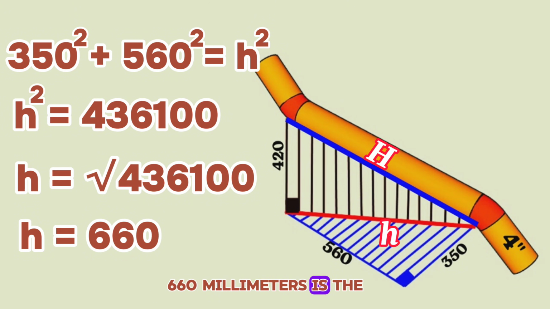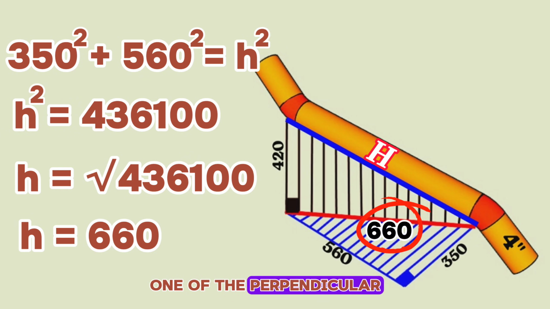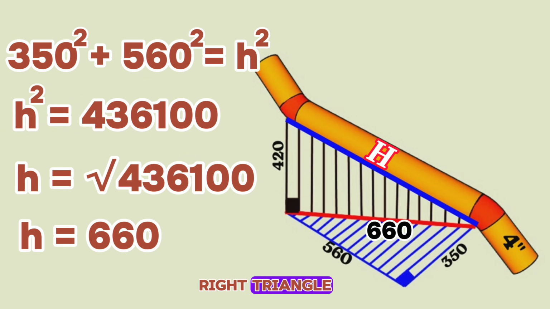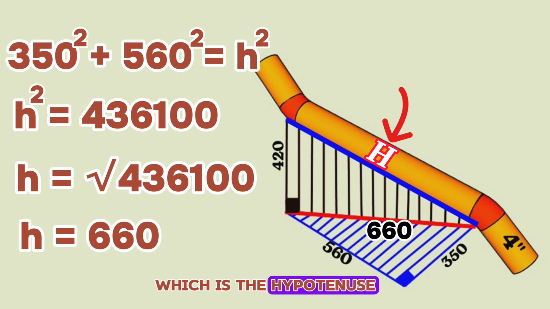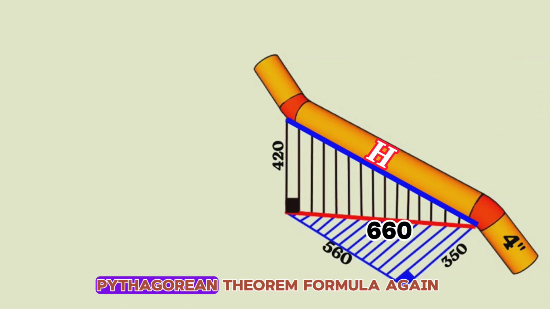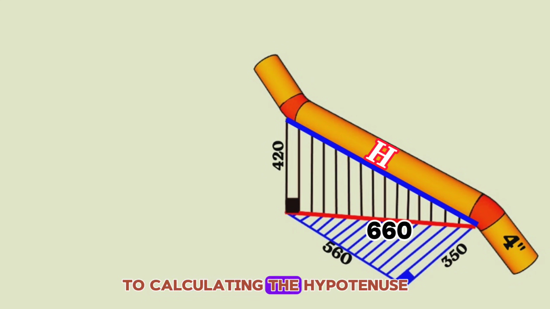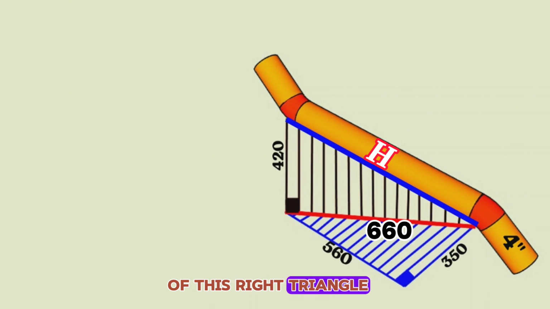660 millimeters is the hypotenuse of the horizontal right triangle and is also one of the perpendicular sides of the vertical right triangle. Now let's find the big H, which is the hypotenuse of the vertical right triangle. We will use the Pythagorean theorem again.